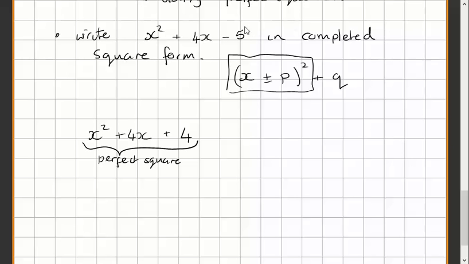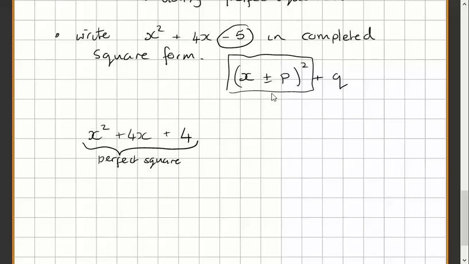Now the trouble is that is not what we've got. We've got minus 5 here, but we've written plus 4. You can't just do that. So we have to do something else to this bit to get it to be the same. Anna, what do you reckon? What should I do here to make it the same as this whole thing? So the x squared plus 4x is fine, but plus 4 and minus 5.